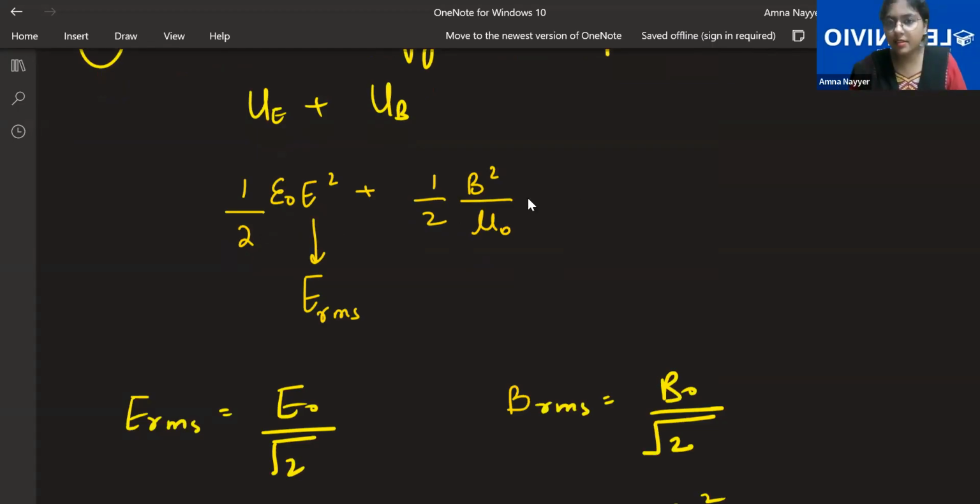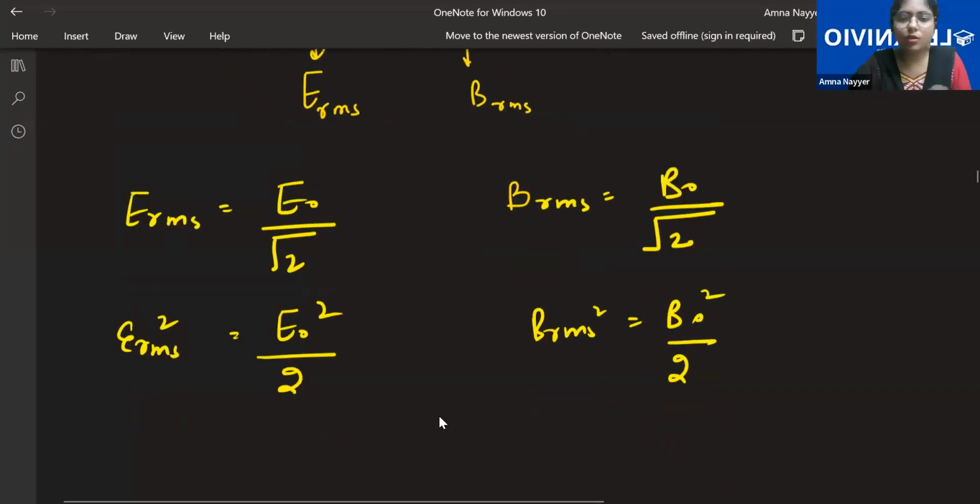This is the E RMS value, while this is the magnetic field's RMS value, like root mean square speed, because these also follow the same sine curves. Now comes your favorite formula: E naught by root 2 and B naught by root 2. Here also it will be used, like we had I naught by root 2 and E naught by root 2. Those E's are different; this is the electric field, that was EMF.